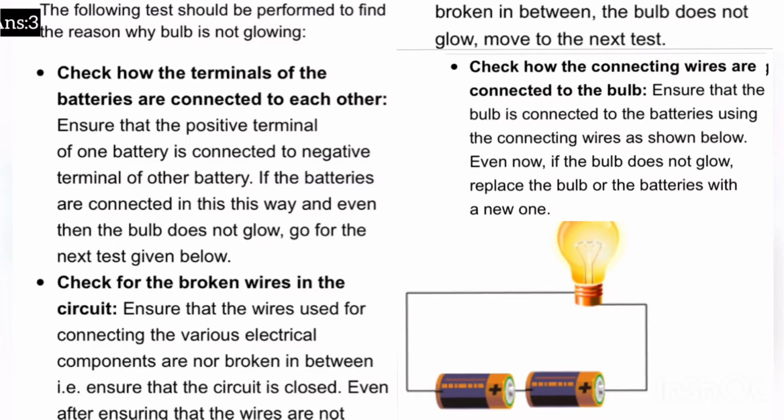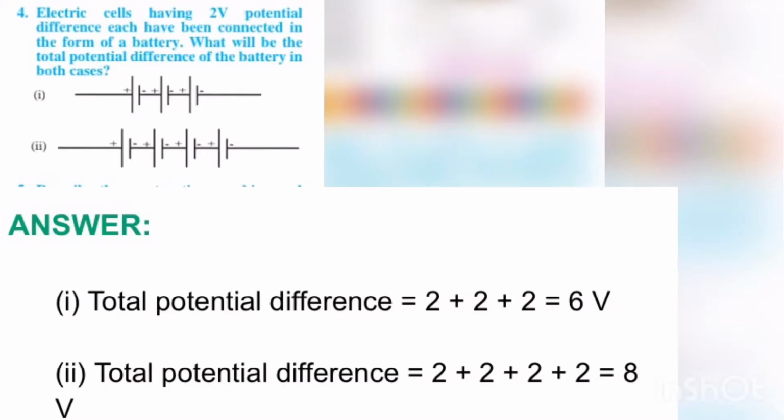Even now, if the bulb does not glow, replace the bulb or the batteries with a new one. Question number 4. Electric cells having 2 volt potential difference each have been connected in the form of a battery. What will be the total potential difference of the battery in both cases? Answer of the first question is 6 volt and for the second question is 8 volt.